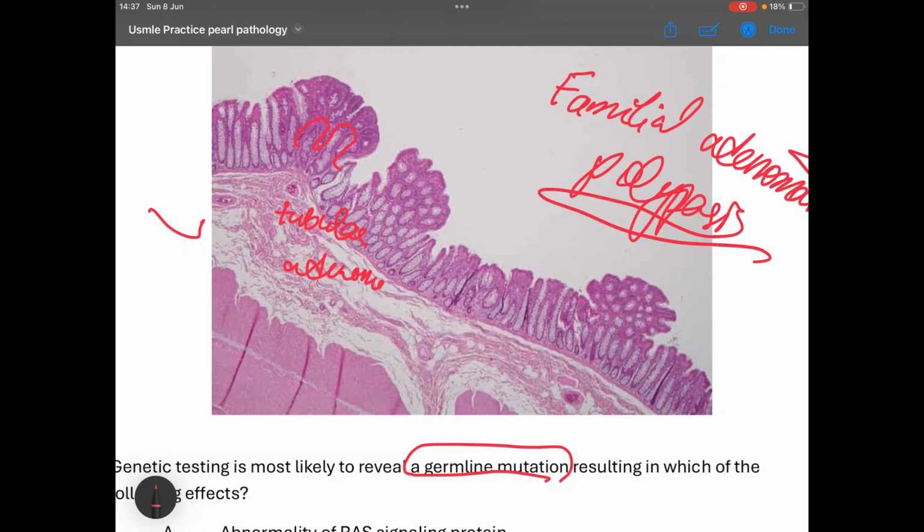These adenomas further have complex glands in this dysplastic epithelium.